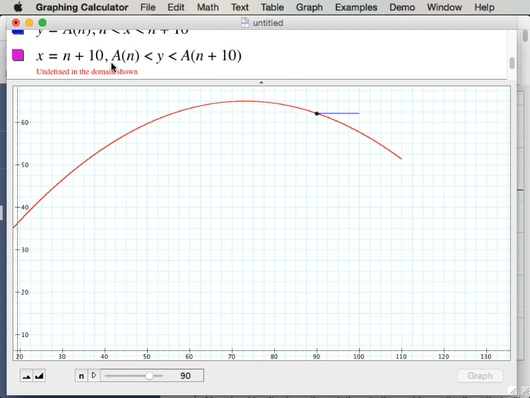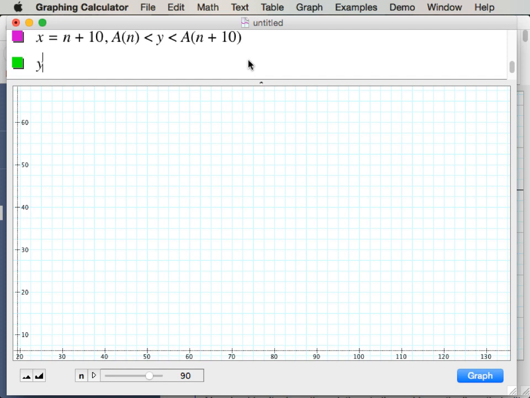Okay, so you want to switch them. So what does this line say? It says y is greater than a of n, and also y is less than a of n plus 10.